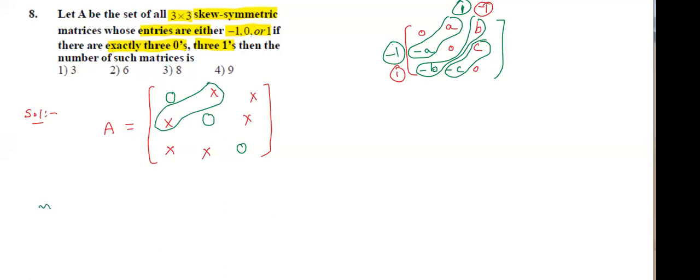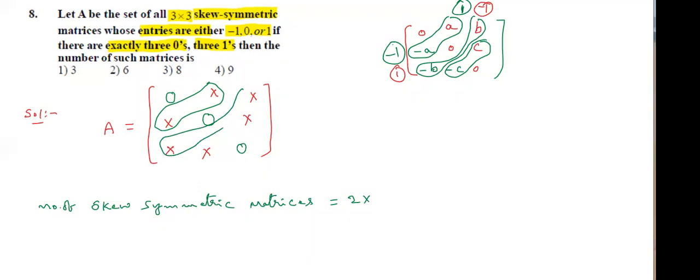So number of skew symmetric matrices is equal to these places 2 elements into, next go to here also 2 elements into 2, next here also 2 places 2.